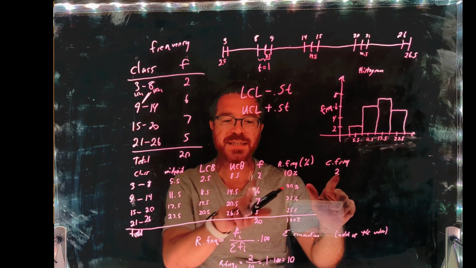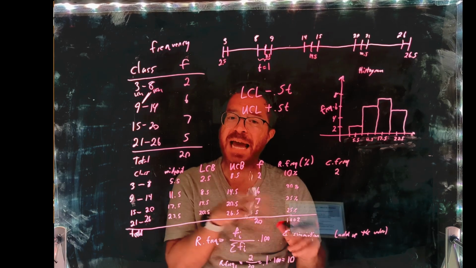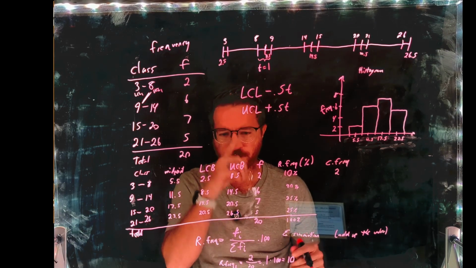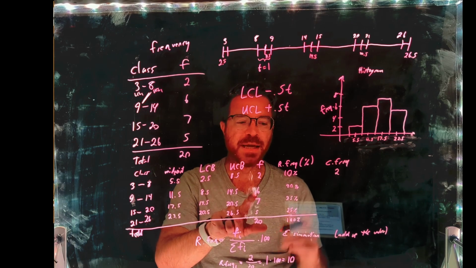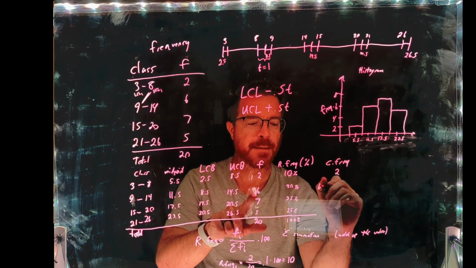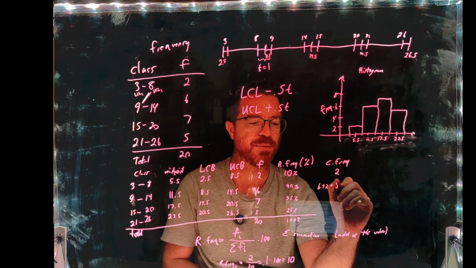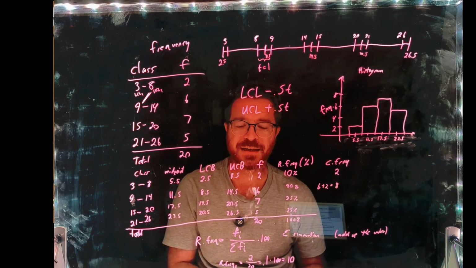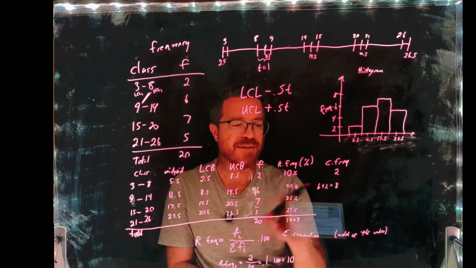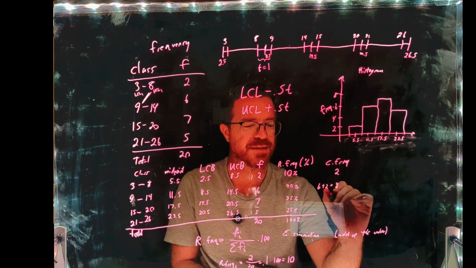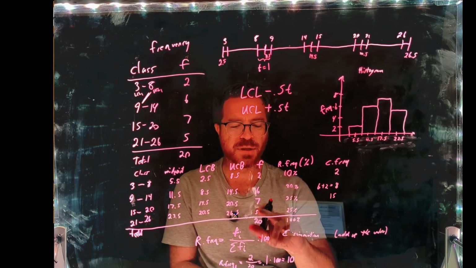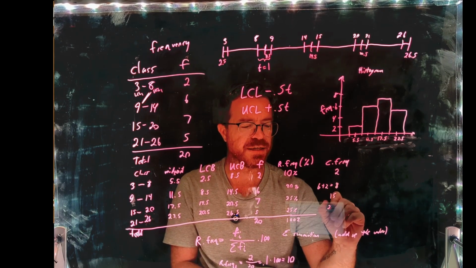So the first one is always the same as our frequency because we have no prior frequencies. So now we go to our second group. It's going to be 6 plus our prior frequency of 2 gives us a cumulative frequency of 8. Now we go to group 3. 7 plus 8 gives us 15. Then we go to our last one. 5 plus 15 is 20.